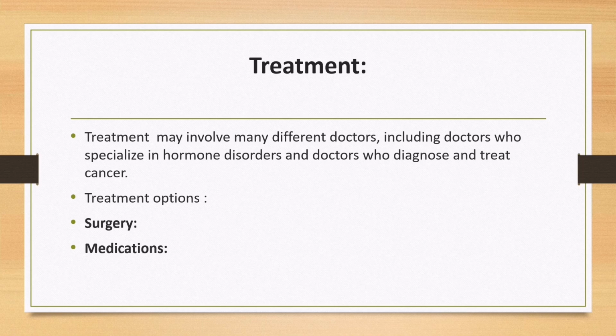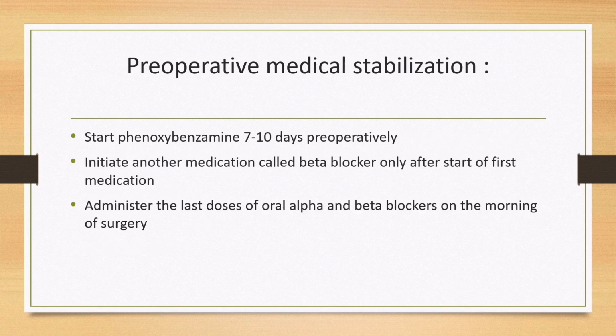Treatment. Different doctors will be involved in the treatment of pheochromocytoma, and the treatment options available are surgery and medication. The mainstay of the treatment is surgery, but before we go to surgery, we need to control the blood pressure by starting some treatment.